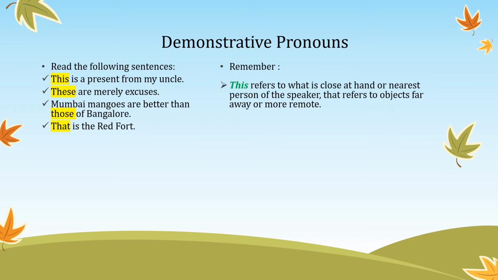That refers to objects far away or more remote. More remote means which we can't reach as early as possible, which is not near to us. So we use the pronoun this for what is nearest to us, and that for what is farthest from us.